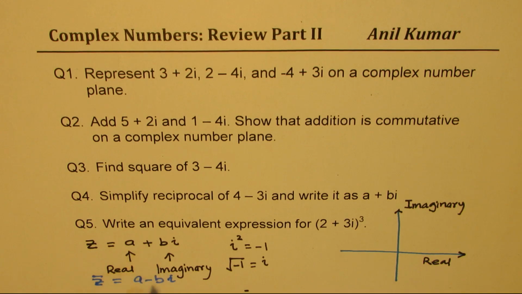So we change the sign to make it a conjugate. This conjugate helps to rationalize or simplify complex numbers in a big way, which we are going to see in this particular video. So let's begin with the solution of question number 1 and see how it goes.